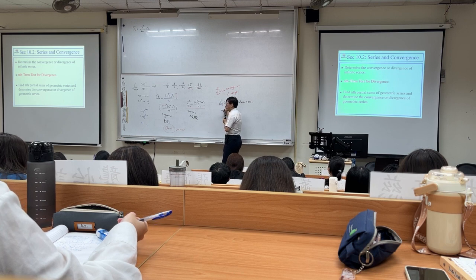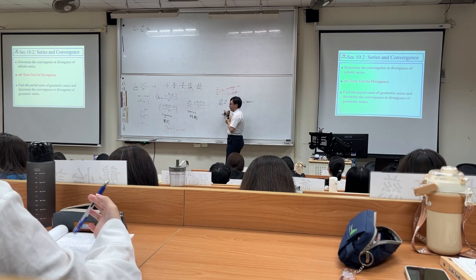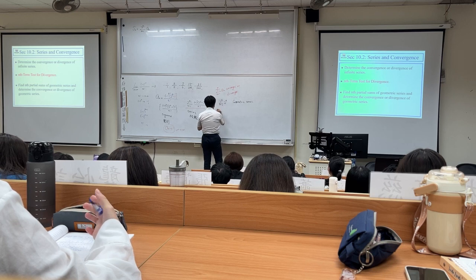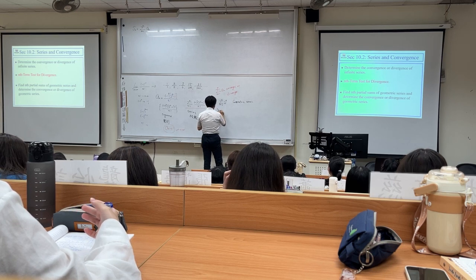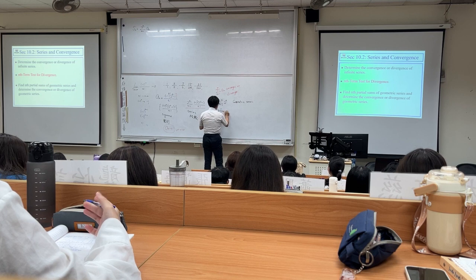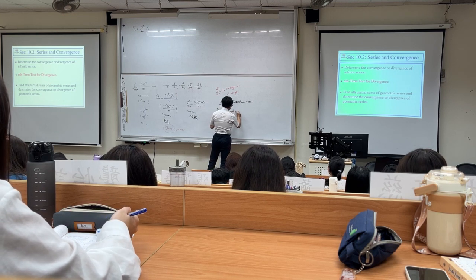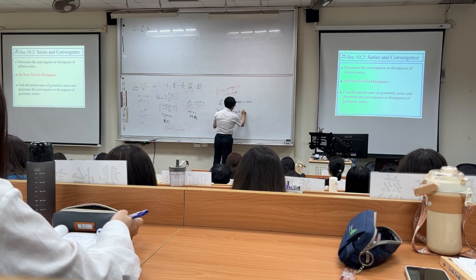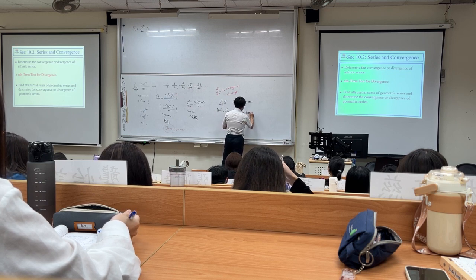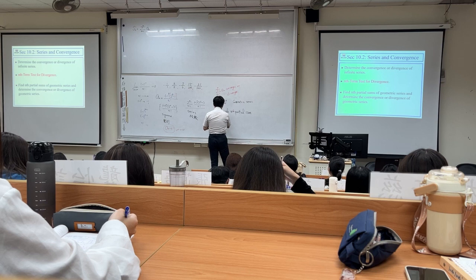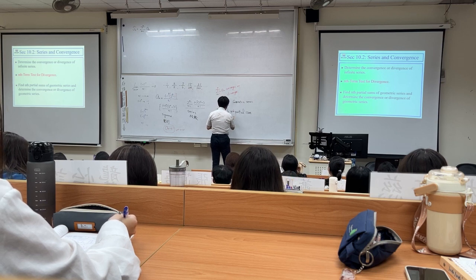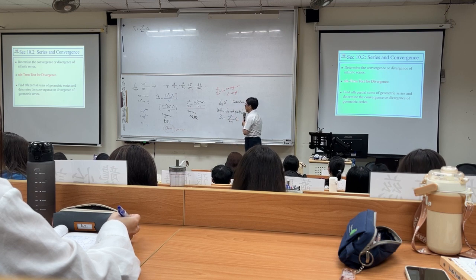How to determine whether it converges or diverges? Let's define the n-th partial sum. S_n is equal to the summation k from 1 to n of a_k.